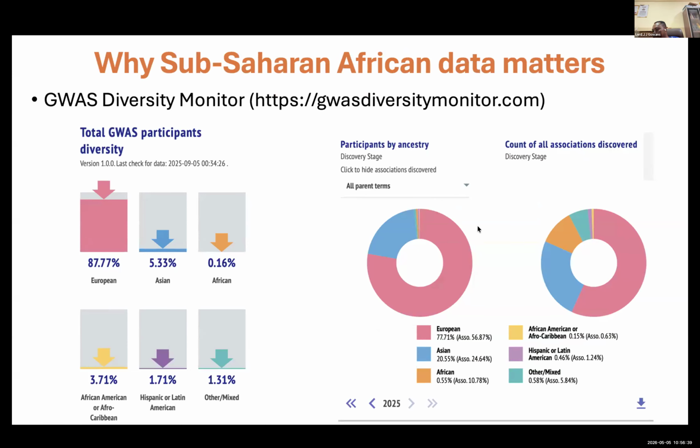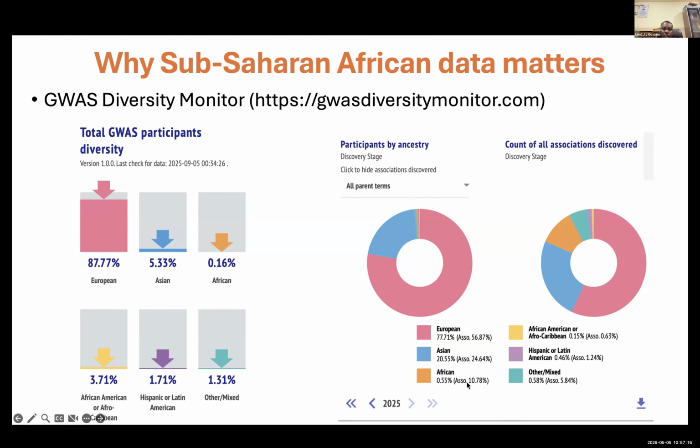Now, why are Sub-Saharan African data sets very important? For example, I picked this from the GWAS Diversity Monitor. As it stands, the contribution of African participants to GWAS is less than 1%. But if we look at the discovery phase, the participants are about 0.55%, yet the associations coming up, as much as 10%, come from African data sets.